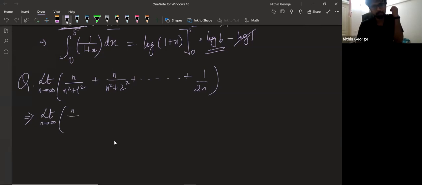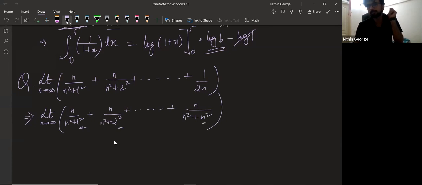First, write it in generic form, n by n square plus 1. Try to figure out number of terms involved. n square plus 2 square, all the way up till, why is the last term 1 by 2n? Because you can rewrite that as n by n square plus n square. Understood? You're looking at n terms here.